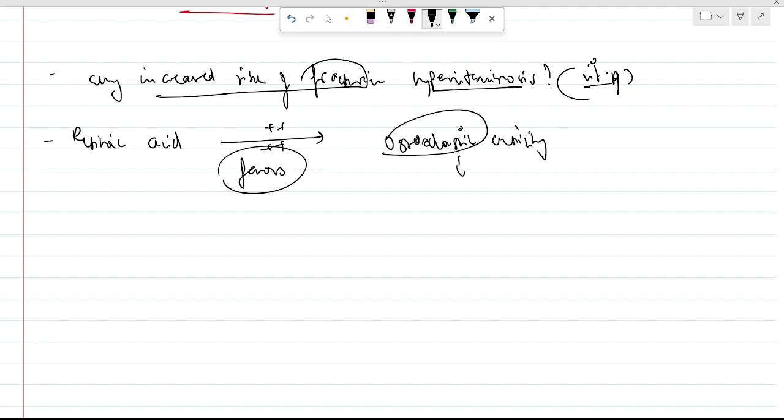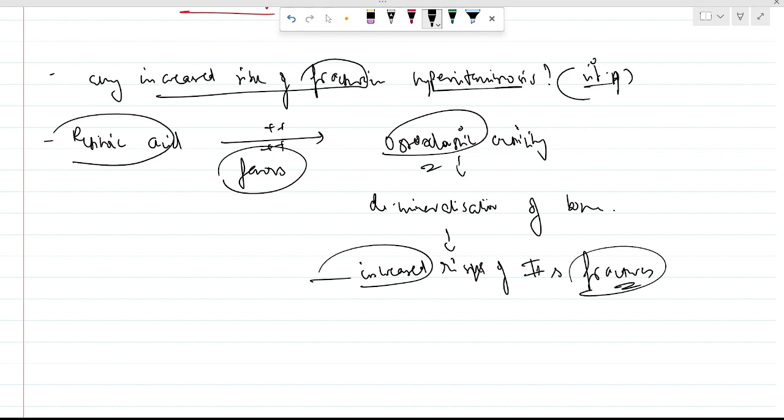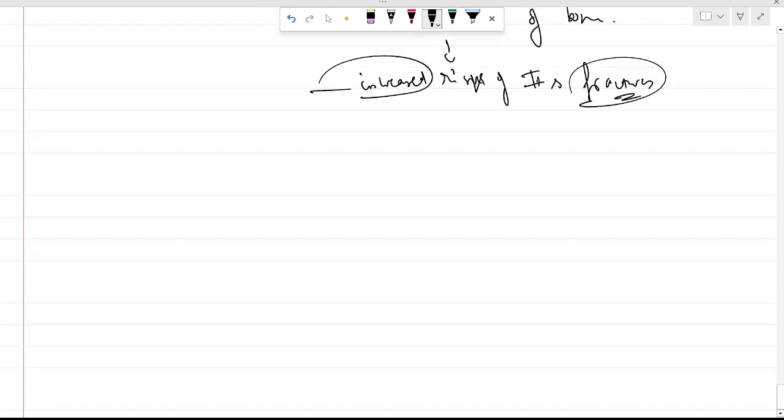This eventually leads to demineralization of bone, which ultimately leads to increased risk of fractures. The hashtag sign is generally used for denoting fractures. Retinoic acid favors osteoclastic activity in the bones, which leads to their demineralization.